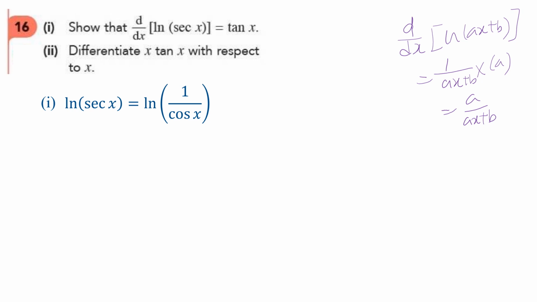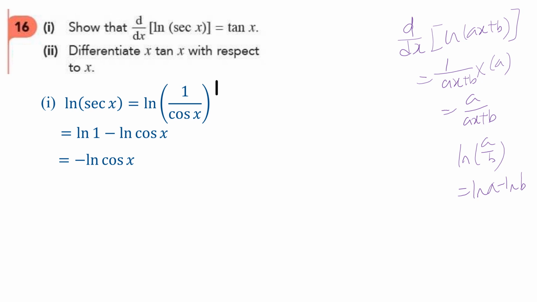And then apply the logarithmic law, which is if you have ln bracket a over b, that gives you ln a minus ln b. So that will give you ln 1 minus ln cosine x. And ln 1 is 0, so that will give you negative ln cosine x. Simplify it first, and then we're going to differentiate it.